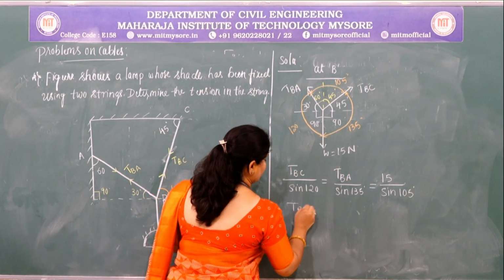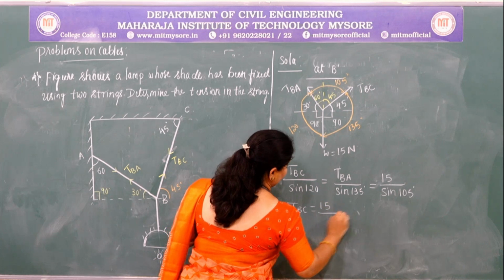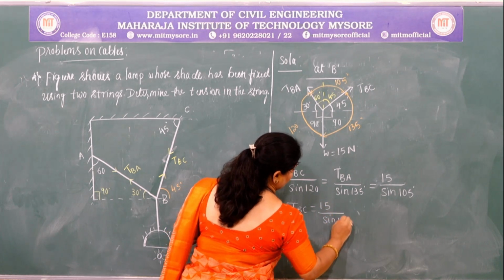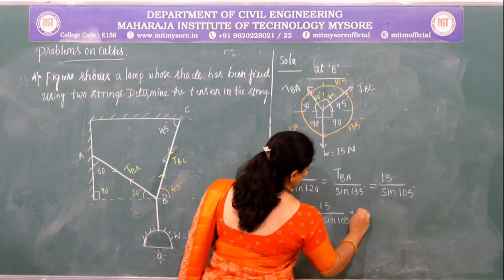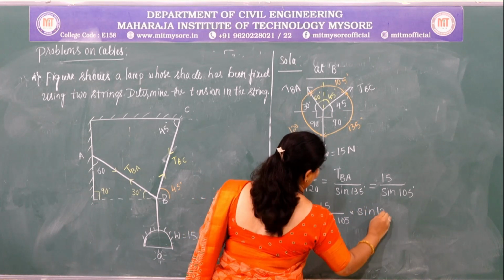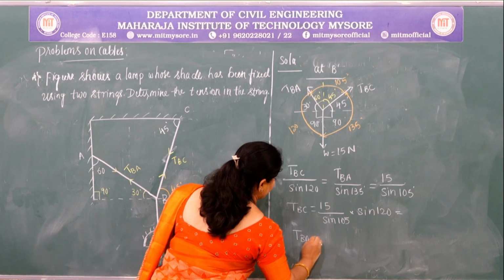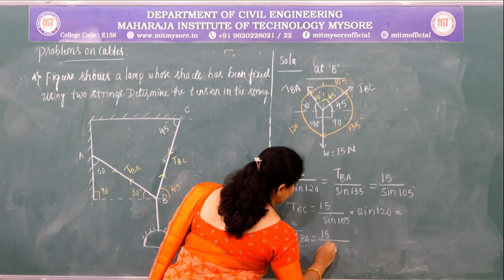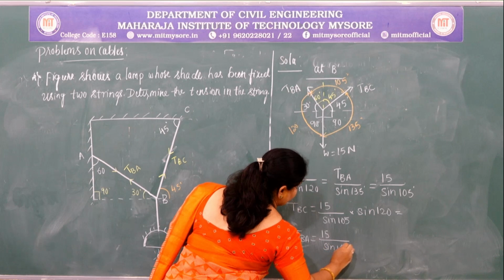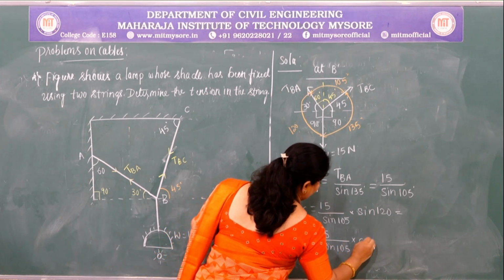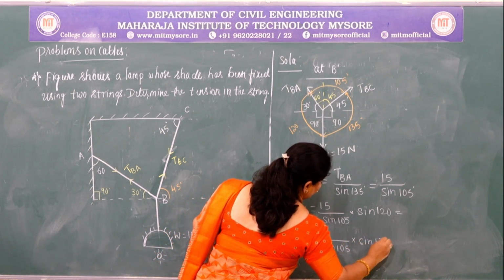So TBC will be equal to 15 divided by sin 105 degree multiplied by sin 120 and TBA will be equal to 15 divided by sin 105 multiplied by sin 135.